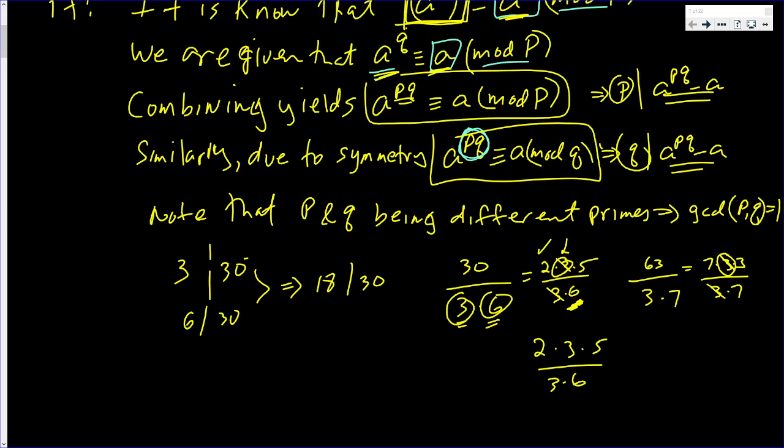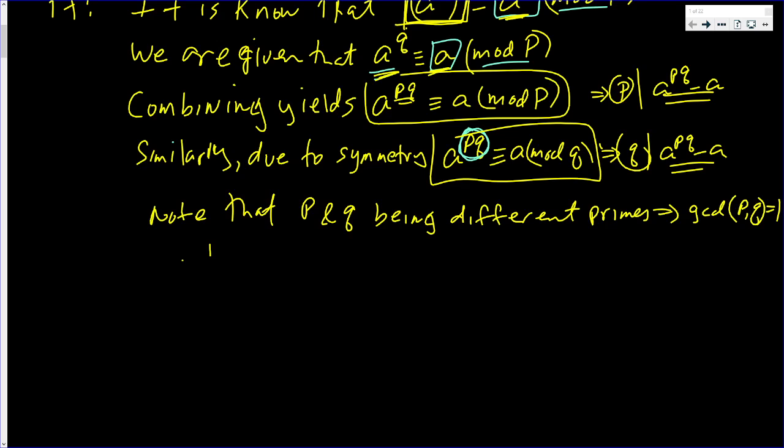Let's say I kill it off differently: 3 goes in here 2 times, and 3 goes in here 1 time, and then 2 goes into 2. I used up that 3 to kill off the 6, I don't have another 3. But if these two numbers had nothing in common, and they both went into the numerator, then their product will go into the numerator. I hope that's clear. That's very important to see.